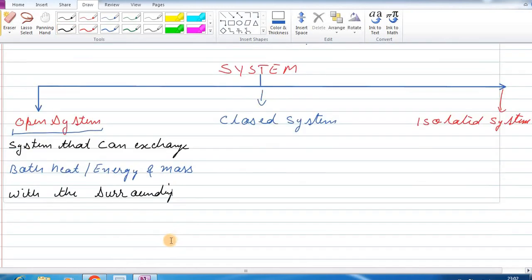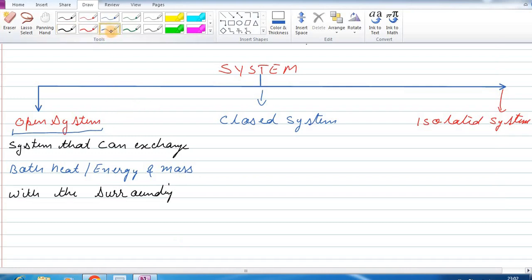So there may be exchange of heat and mass between system and surrounding. System may absorb heat from the surrounding, or it may release heat to the surrounding. Similarly, it may receive mass from the surrounding, or it may release mass to the surrounding.